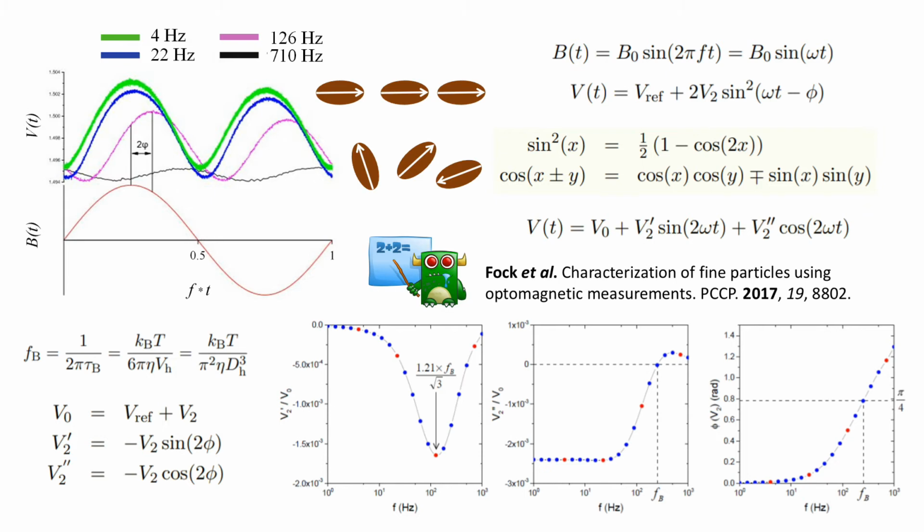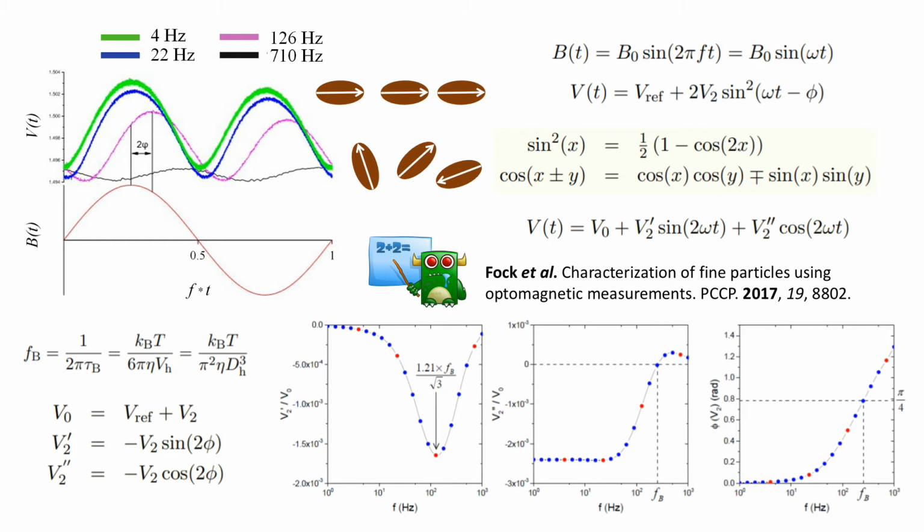Using trigonometry, it is possible to decouple the optomagnetic effect into real and imaginary components of the light intensity. There is some math and Fourier transformations behind it, but at the end of the day we get spectra consisting of the real part, imaginary part, and phase.